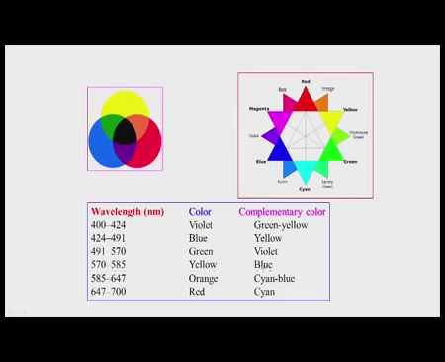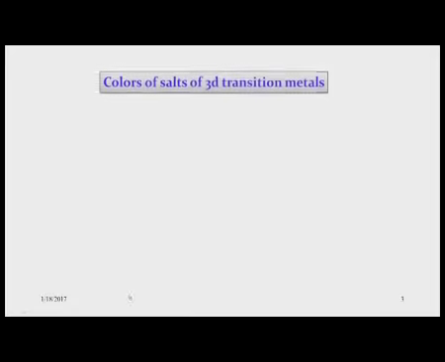That means, when a solution is typically blue, such as copper or nickel in presence of ammonia, definitely your lambda max, the wavelength which is giving you the maximum absorption, in the electronic spectrum is in the range of 570 to 585 or sometimes 560 nanometers. So, the blue solution will definitely give an absorption in this particular range. Similarly, yellow will give you in this particular range, and blue and cyan blue will also give you these colors in a different one.